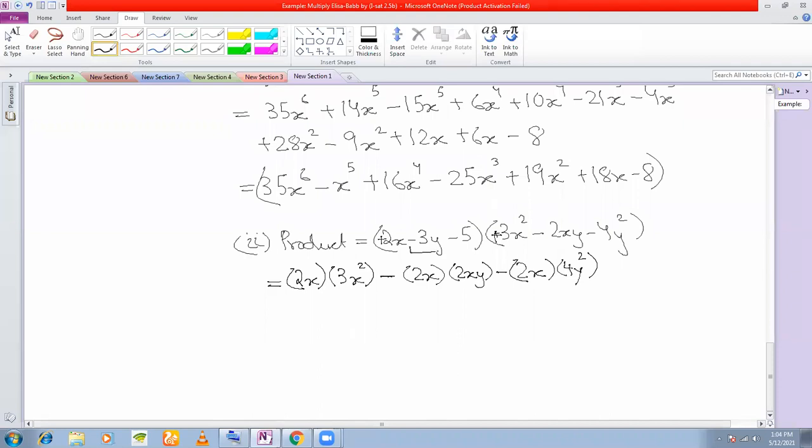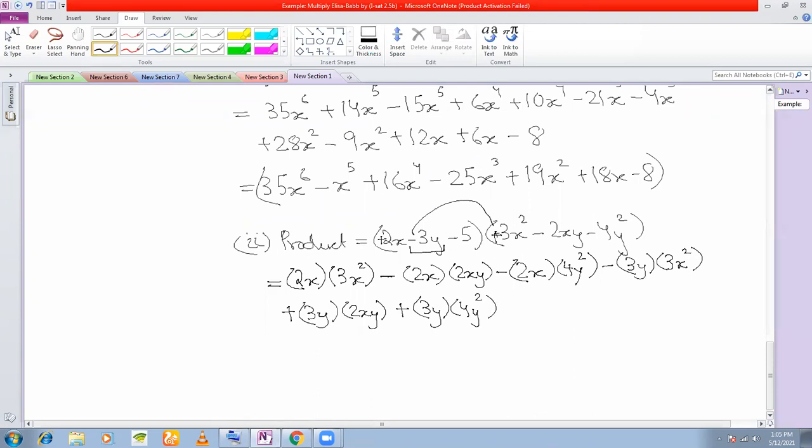No, sir. Then we consider minus 3y. So you have minus combining with this minus to give you a minus 3y into 3x square. And similarly, we multiply with the next terms also. Minus minus combined to give you a plus 3y into 2xy. And then again, minus minus combined to give you a plus 3y into 4y square.